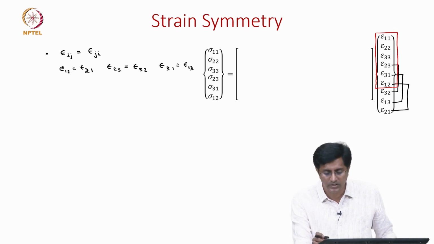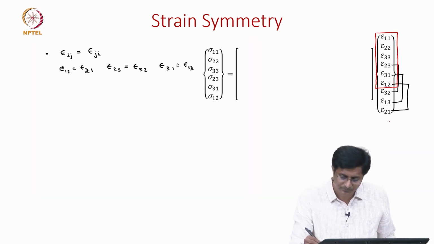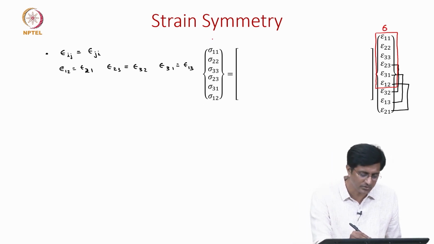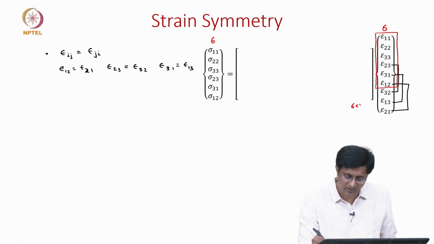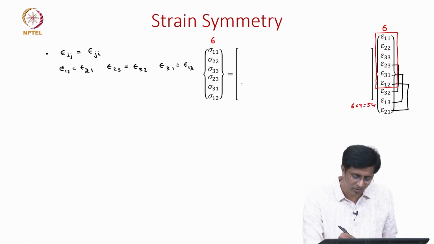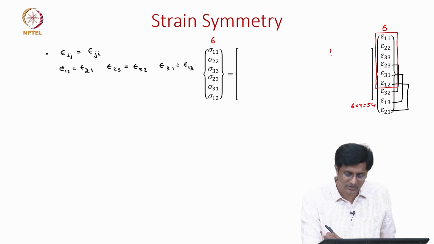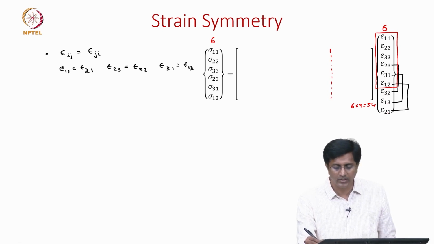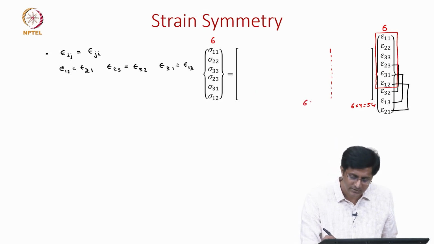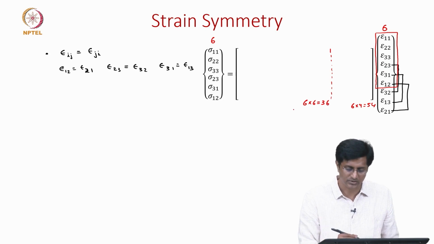Since we are only focusing on the 6 strain terms, and we already have reduced the number of stresses to 6, previously with the stress symmetry we reduced it to 6 by 9 which is 54 constants, but now we can limit only to the first 6 columns, because the last 3 columns, which are relating epsilon 3 2, 1 3 and 2 1, can again be written in terms of the other 3 shear components. So, we only need to focus on this 6 by 6 matrix, which is 36 constants.